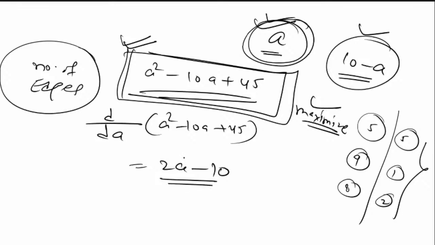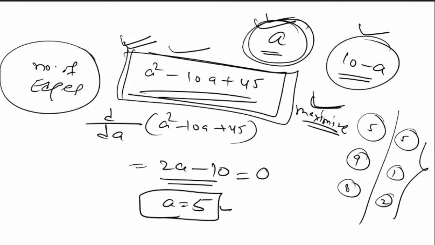I hope you already know the maxima minima concepts. If you want to find the maximum or minimum value of a function, you put the derivative equal to 0. From here you will get a equal to 5, but we need to see whether a equal to 5 will give us a maximum or a minimum.